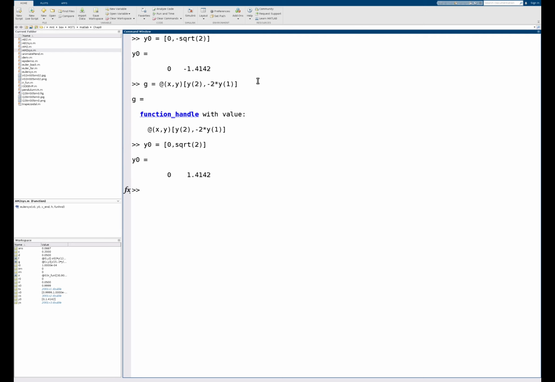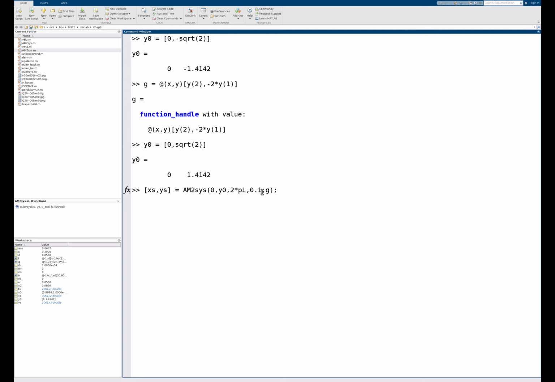Okay, let's try that. Now, I think we can solve this. So in this case, well, we do have x's and y's. I'm going to use the same function, the am2 sys function. We'll start off with our y0.